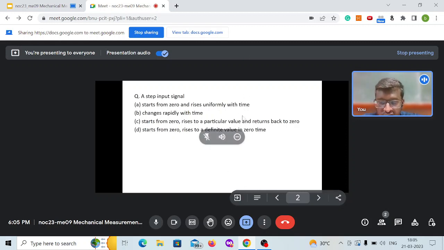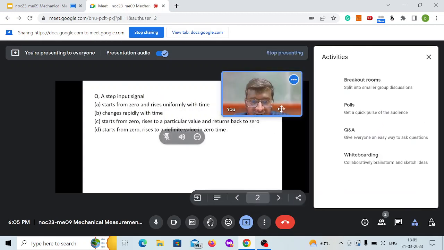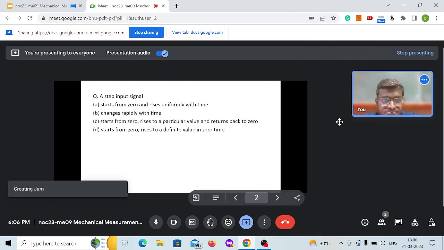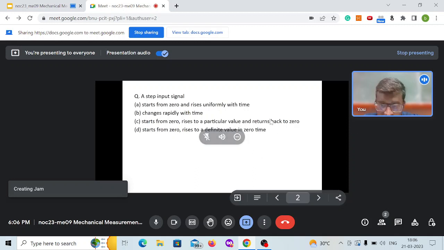So you have a 0, and from 0 it uniformly rises, so it's kind of linear. Option B: changes rapidly with time. So with respect to time it varies, and it can be anything.